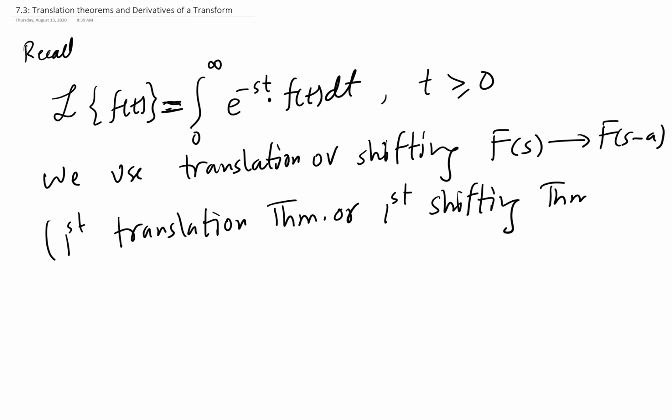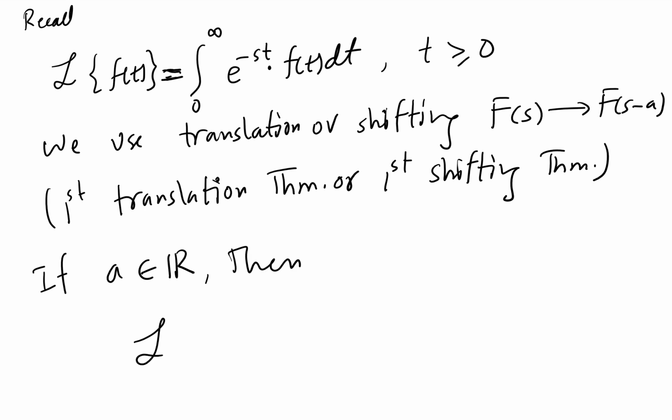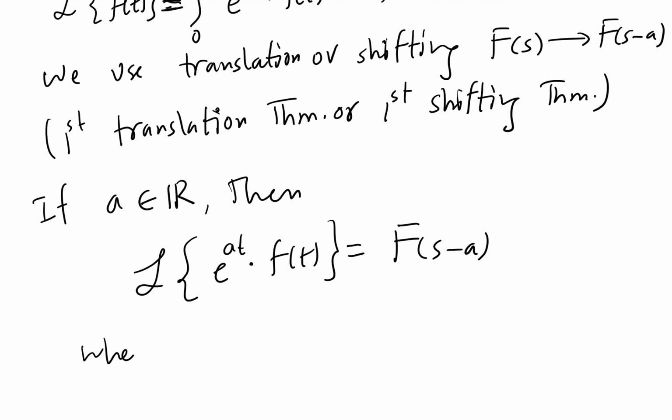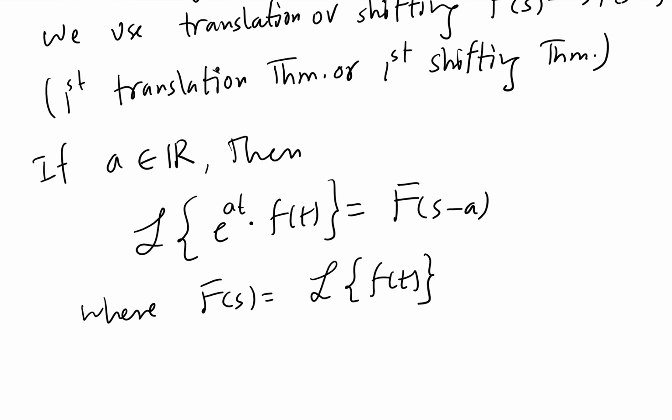Since we call it the first translation theorem or first shifting theorem, this means there's another one, right? There's a second one. If a is any real number, then the Laplace of e to the at times f of t is defined by F of s minus a, where capital F of s is the Laplace of small f of t.